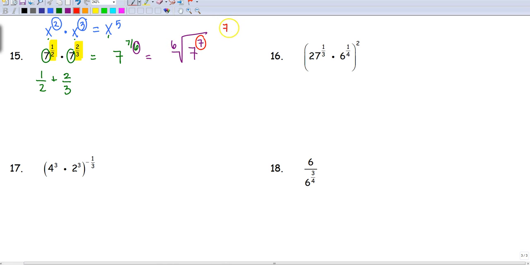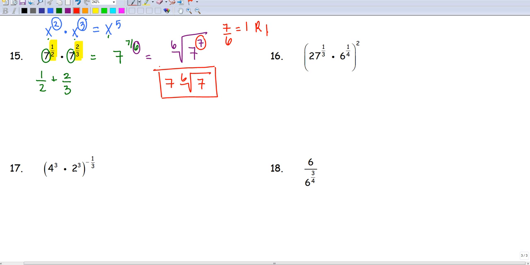So ask yourself, 7 divided by 6, how many times does that go in? Once, with a remainder of 1. That means that one 7 comes out, and the remainder, one 7 stays in.